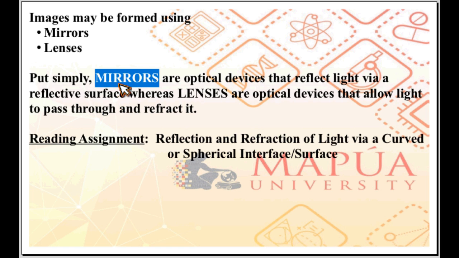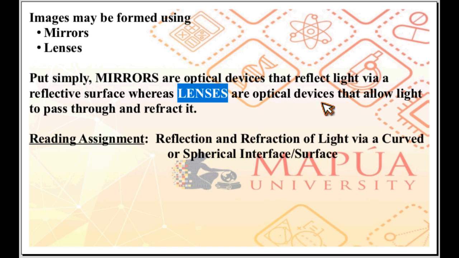Thus, a mirror uses reflected light to form an image, whereas lenses are optical devices that allow light to pass through and refract it. A lens uses refracted light to form an image. You have mirrors and lenses.